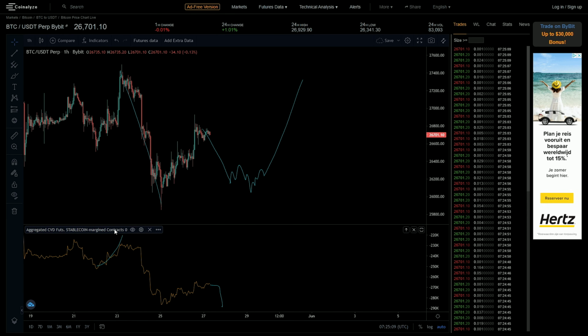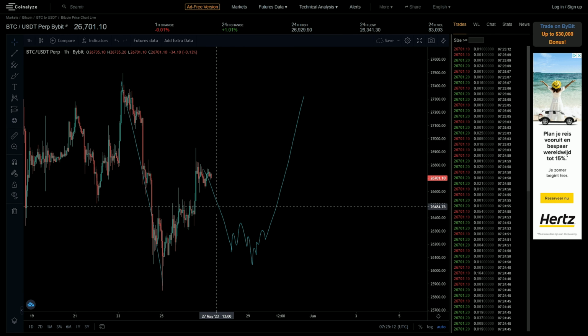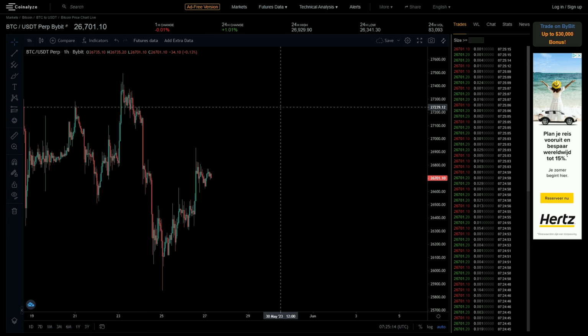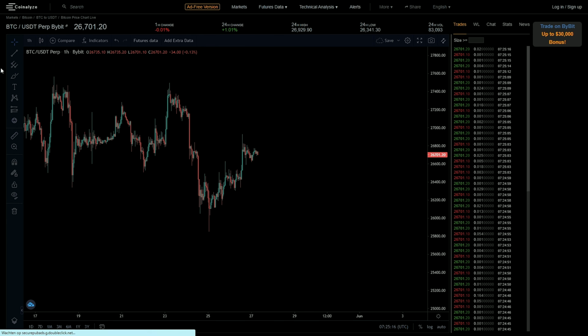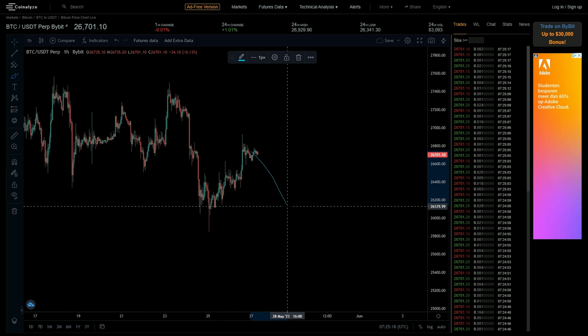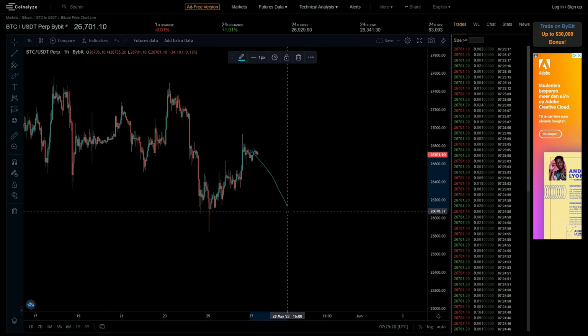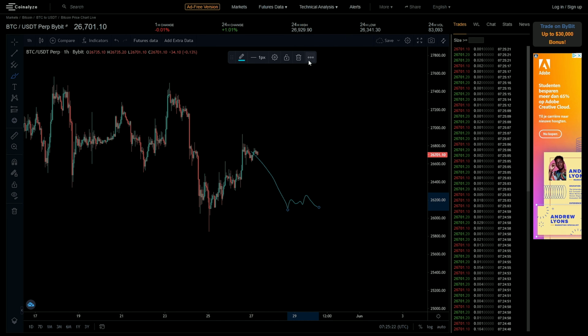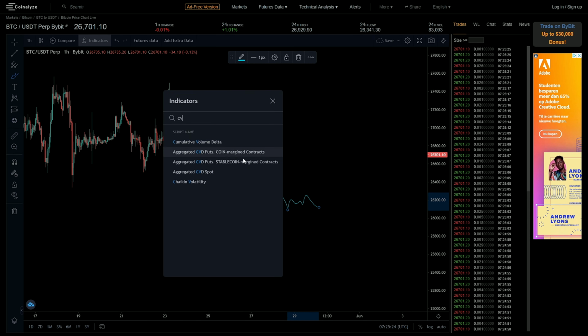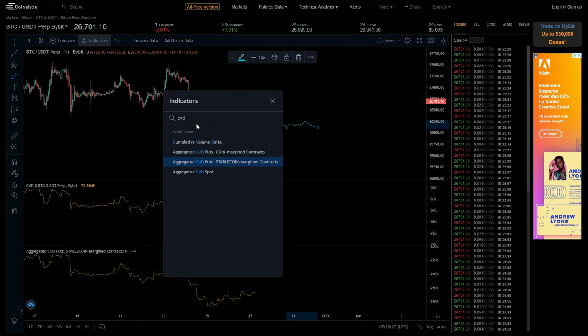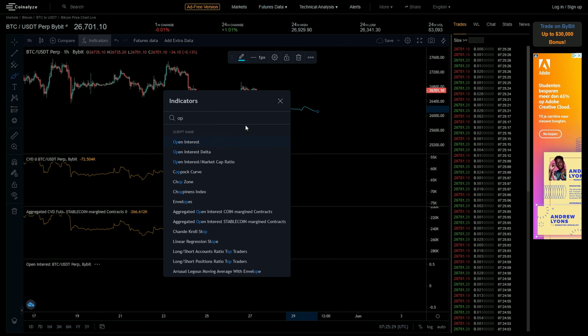So a good example could be for the Bitcoin price. Let's remove all of my drawings from chart for a second. For the Bitcoin price to push towards support, start consolidating. While we are consolidating, let's open up the CVD indicator. Let's open up the open interest indicator.